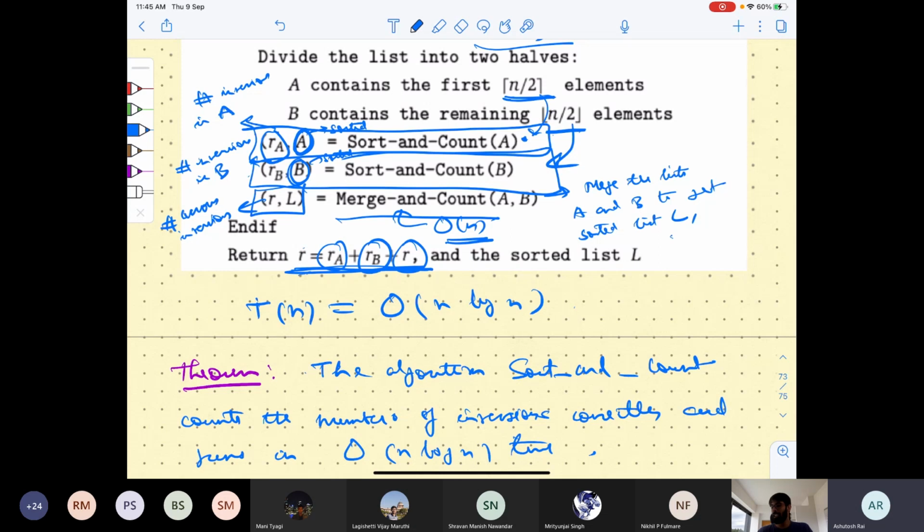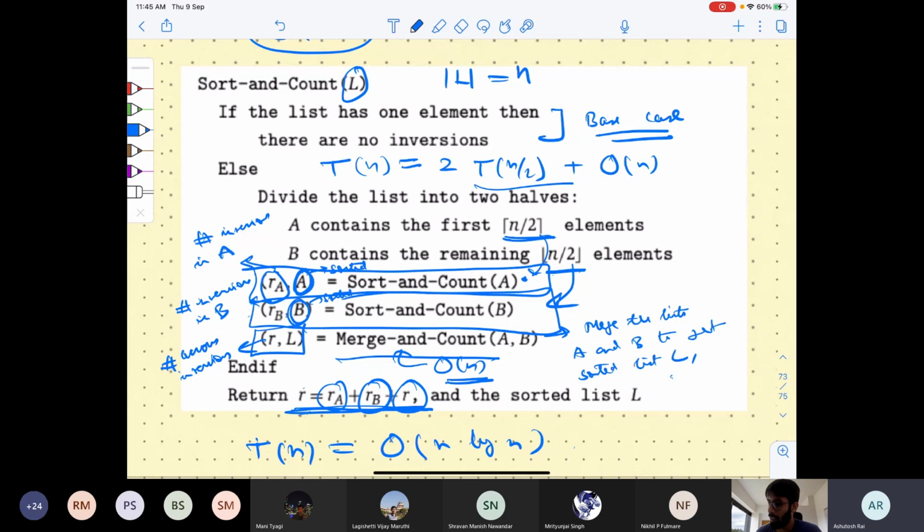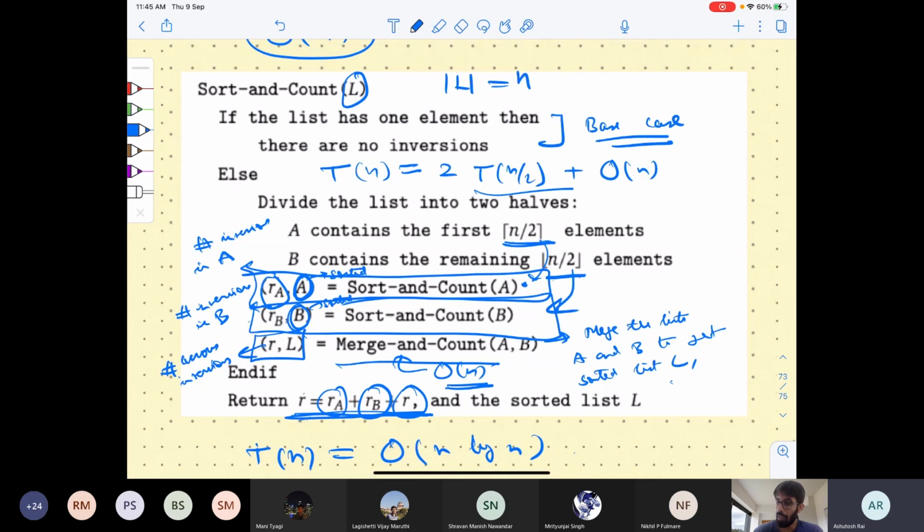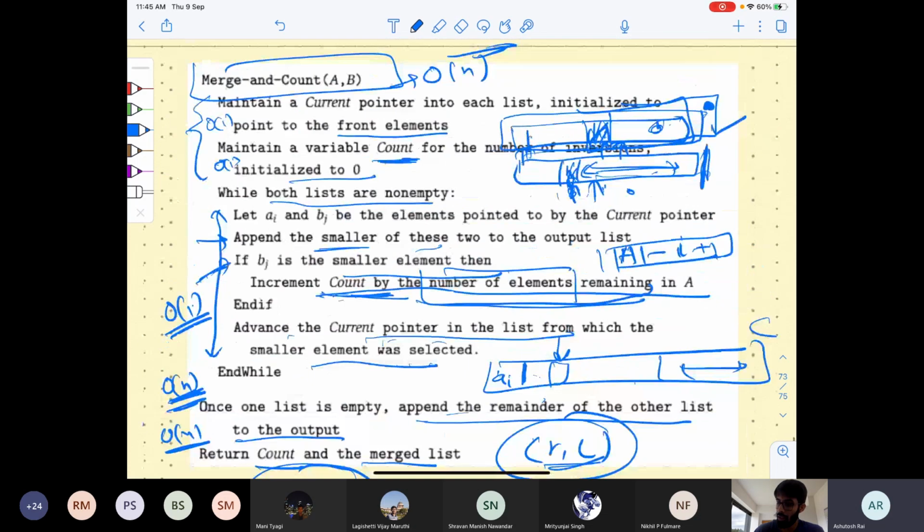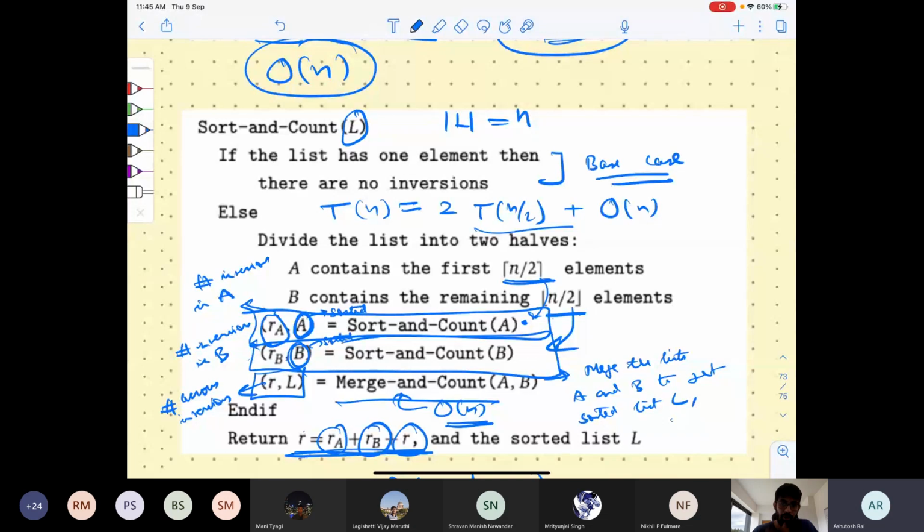Okay, so this is the problem that I wanted to do today. We went slowly through it because starting something at the end might not be very effective. Is there any question about this particular algorithm, the merge and count part or the sort and count part?